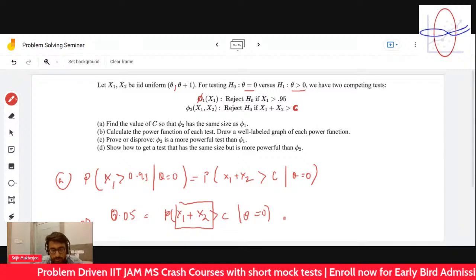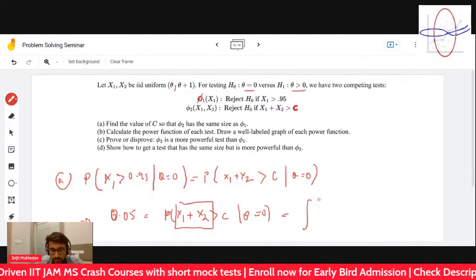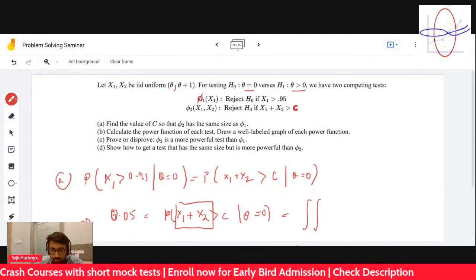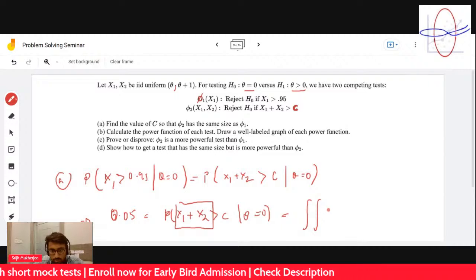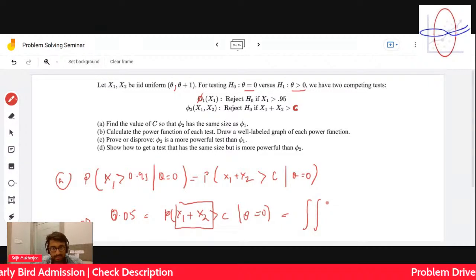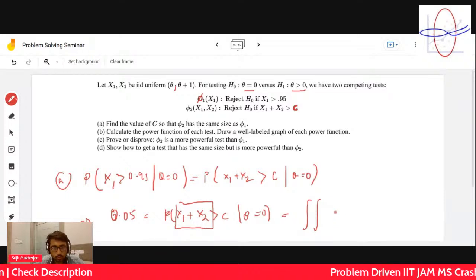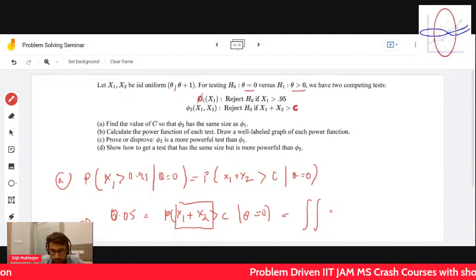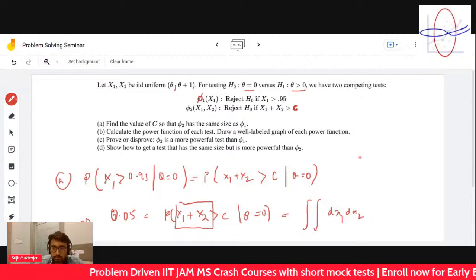The probability is the integration over x1 plus x2 greater than c. Since they are IID, the density is 1, of course, dx1 dx2.